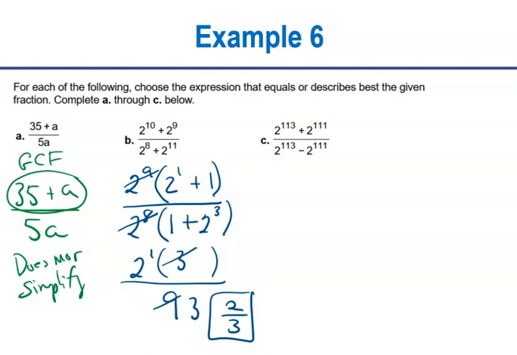All right, did you get it done? Okay, so you've got 2 to the 113 power and 2 to the 111 power. Now, the smallest of those is the 2 to the 111. I'm going to pull that out. Now, if I pull out 2 to the 111th power, which is huge, by the way, so don't try to type that in your calculator and do this just with whole numbers.